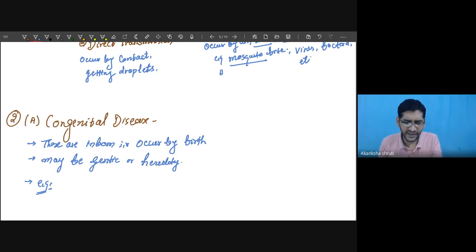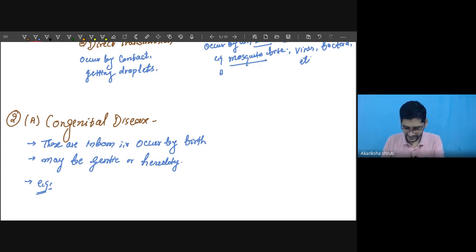Let us write down the examples. Example, certain children or persons cannot identify the difference between colors, like red and green, of minor contrast. That is called color vision deficiency or color blindness.